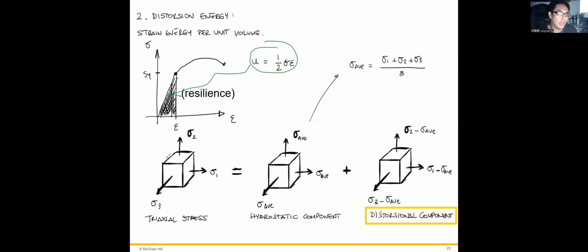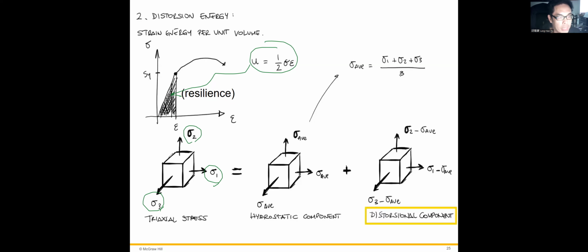No matter what kind of stress is applied to this element, we can simply simplify it into the principal stresses, sigma 1, sigma 2, and sigma 3.